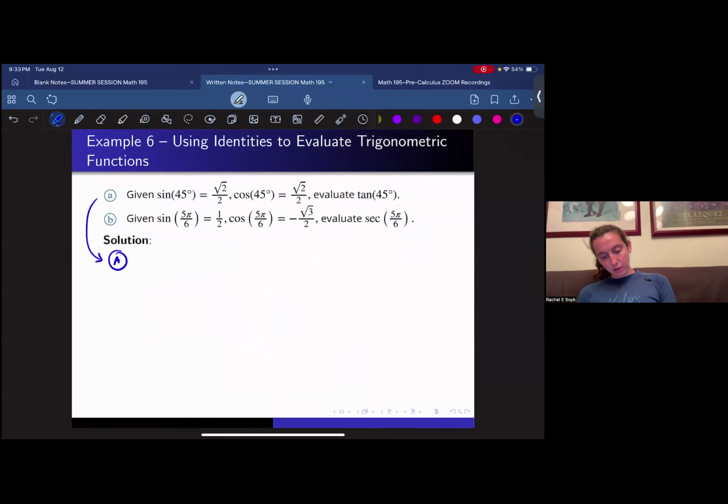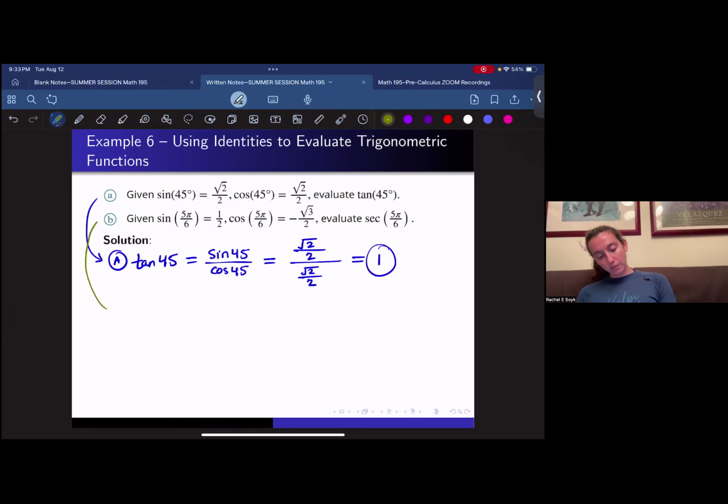So we want to simply evaluate tan of 45, which again is the same as just sine of 45 divided by cosine of 45. And sine and cosine of 45 are both square root of 2 over 2. Just solved this earlier. So we get tangent of 45 is just 1. And we're done.